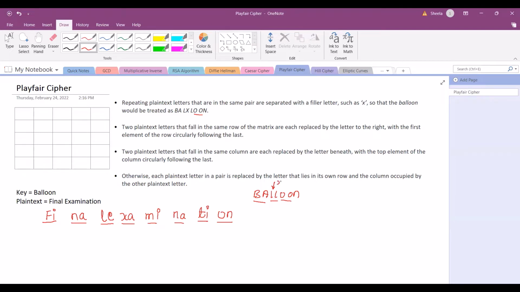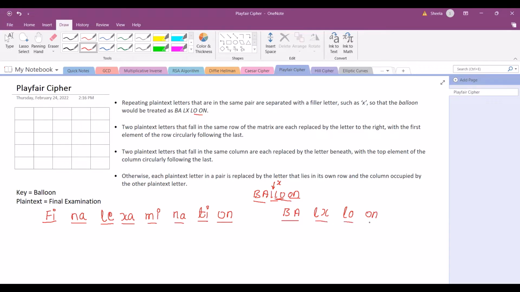Here, let me consider X as a filler letter. Then the message becomes BAL, and instead of writing another L, I'm going to write X. So now this L is free, so I will group this L with O, the next letter, that is LO, and this O with N. So we get digrams like this.